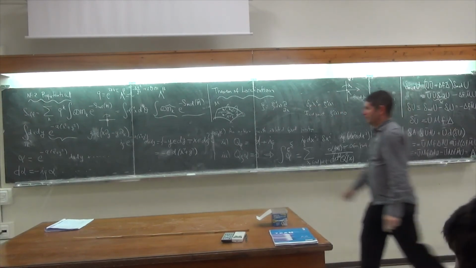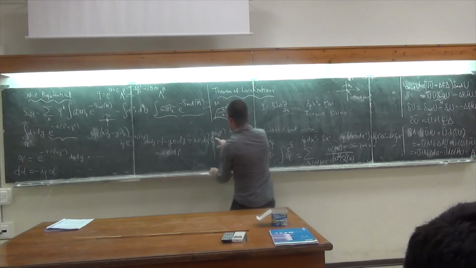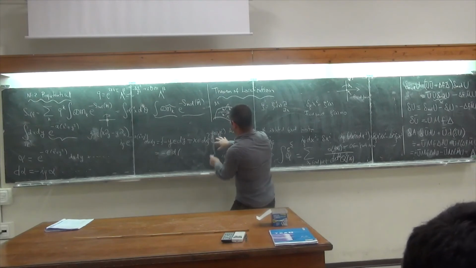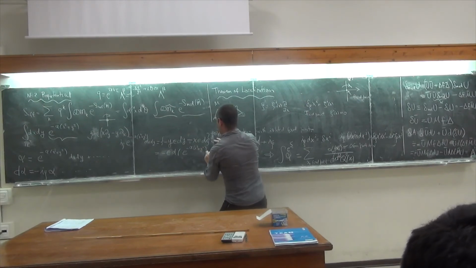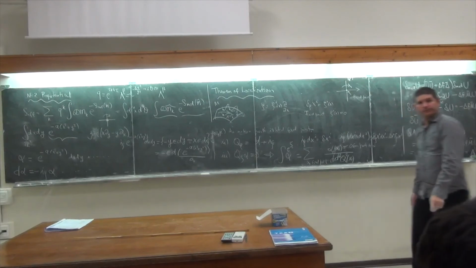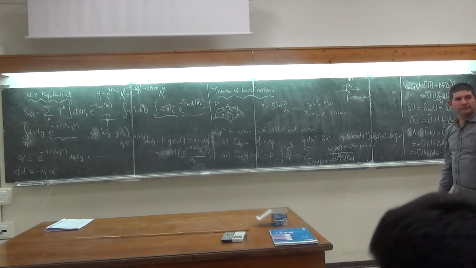Therefore, this dx dy is the differential of e to the minus a times x squared plus y squared over a. So it's very simple.